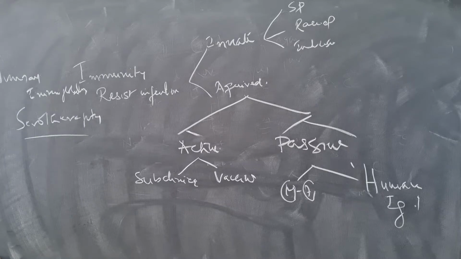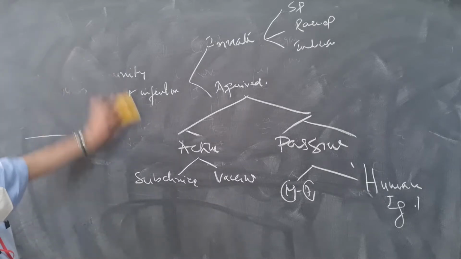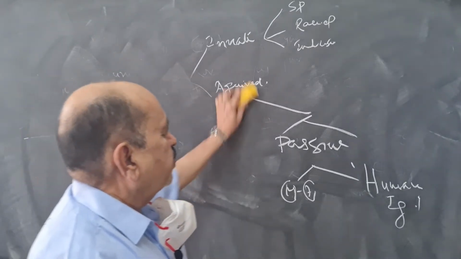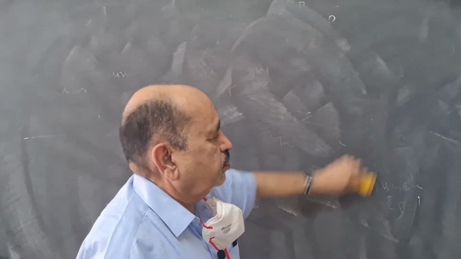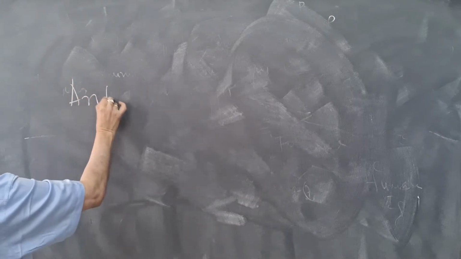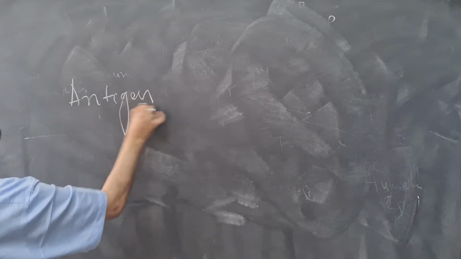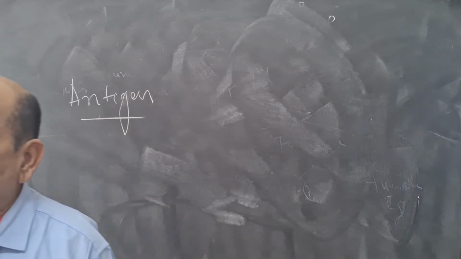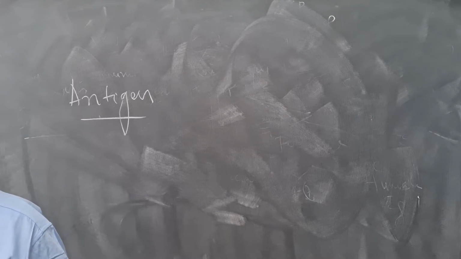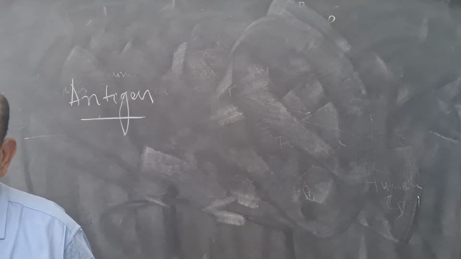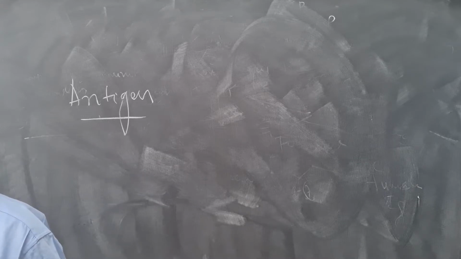Now moving on to antigen-antibody reaction. What is an antigen and what is an antibody? An antigen is defined as any foreign substance able to produce a humoral or CMI response.